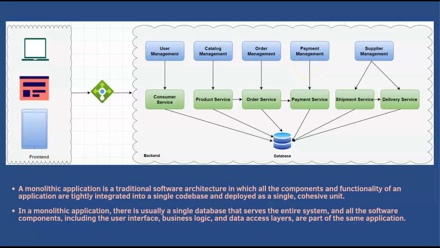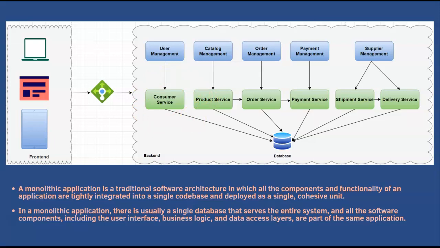This application is deployed as a single monolith application. You can run multiple instances of the same application behind a load balancer in order to scale and improve the availability.